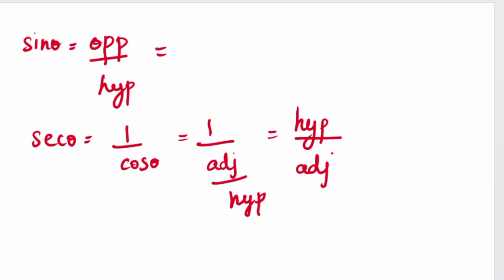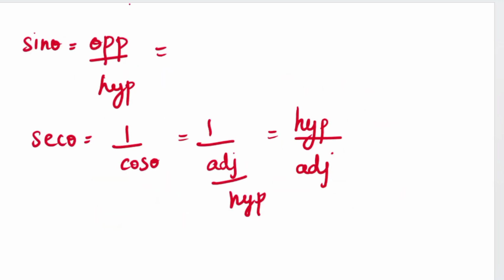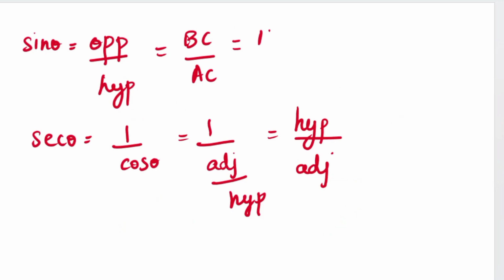Okay. So what is the opposite side here? The opposite side is BC, right? Hypotenuse is AC. So BC by AC. What is the value of BC? BC is 15 and AC is 17. 15 by 17.